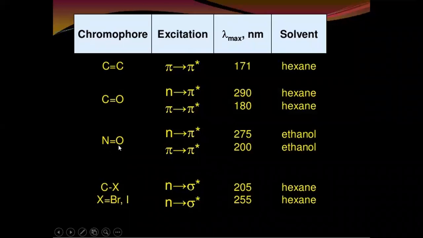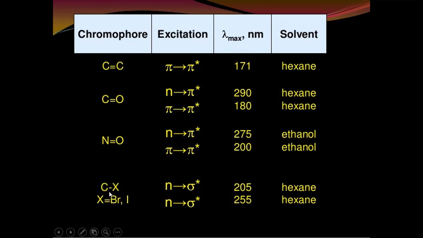Coming to N double bond O, it has n to pi star and pi to pi star excitation. The lambda max is 275 and 200 nanometers, and the solvent we are using is ethanol.